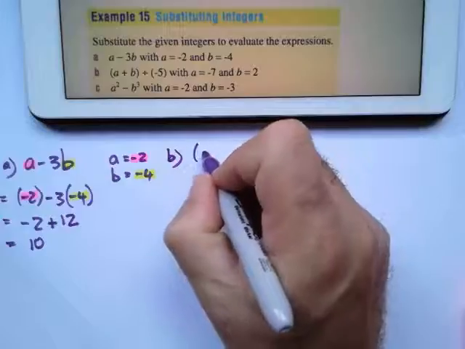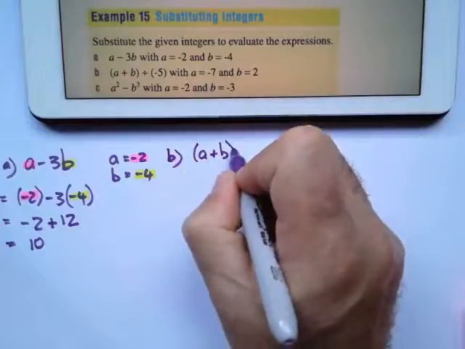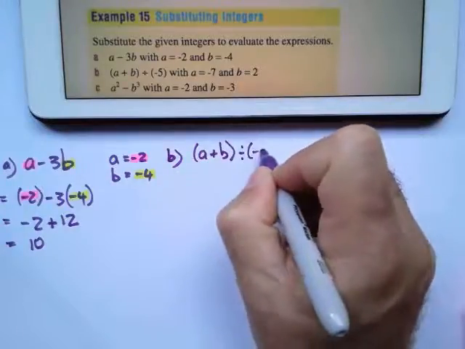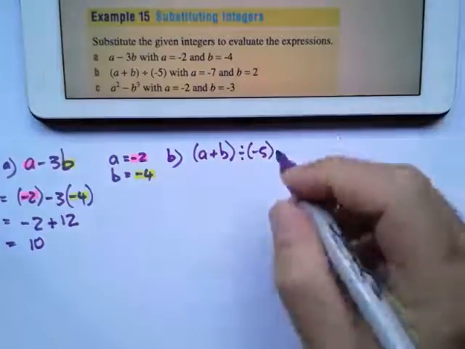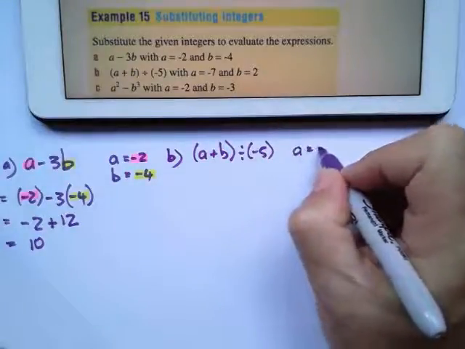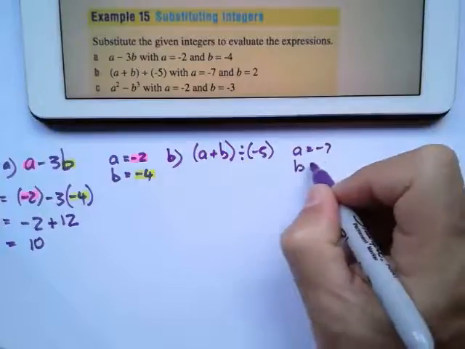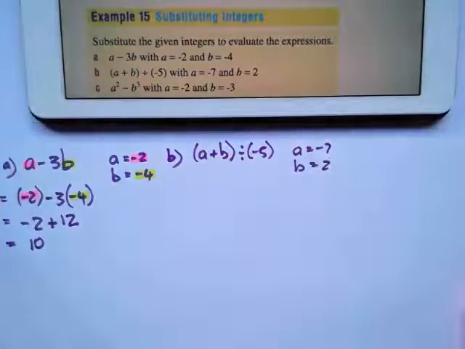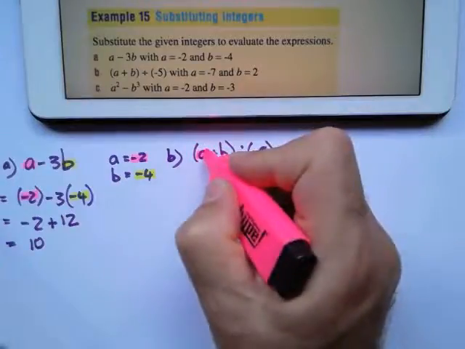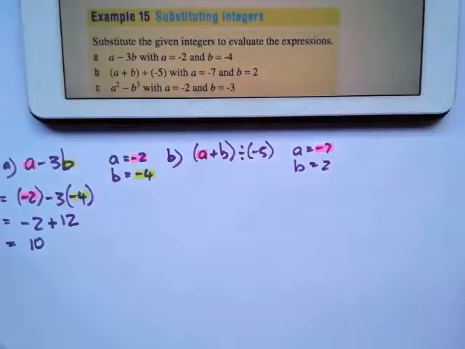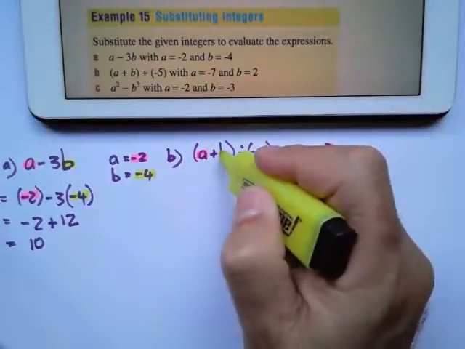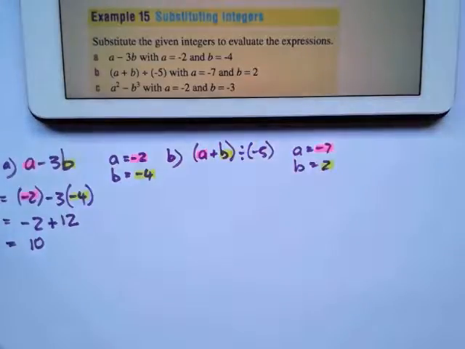They say a plus b, divided by negative 5, if a equals negative 7 and b equals 2. Okay, so a is going to be negative 7, b is going to be 2.